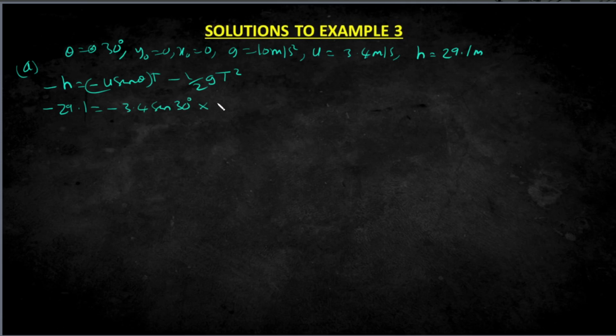Whatever you have, you multiply with the time of flight, which we are coming to find, minus half, 0.5, g is 10, then t square.